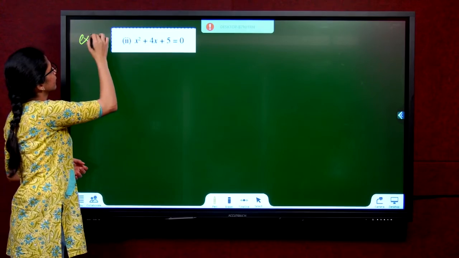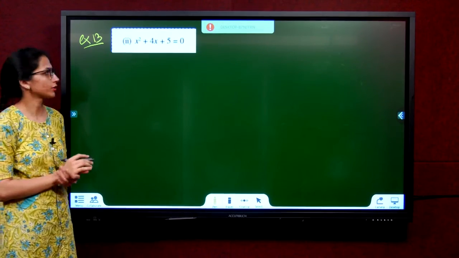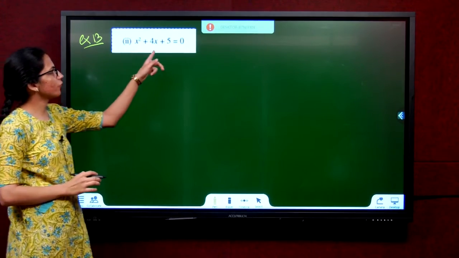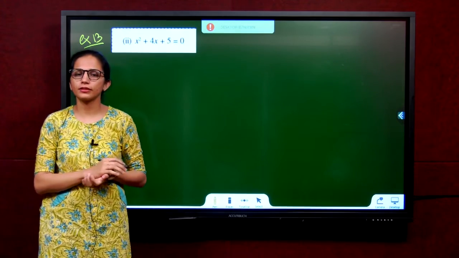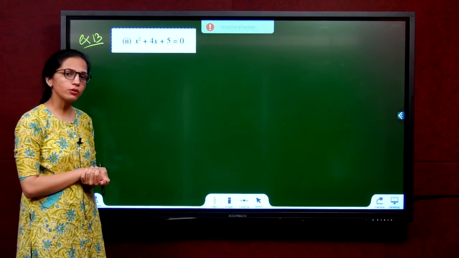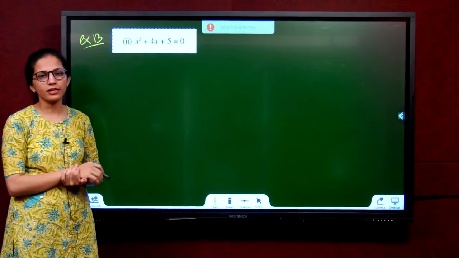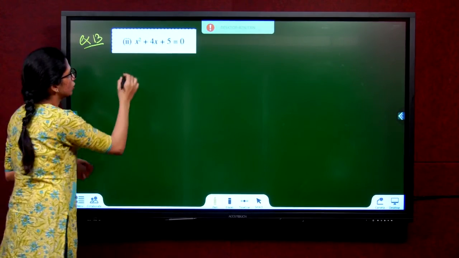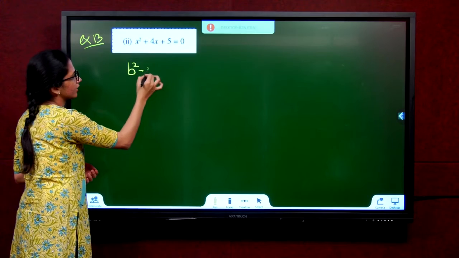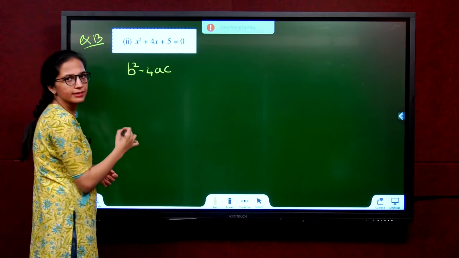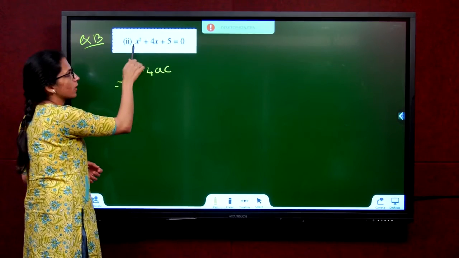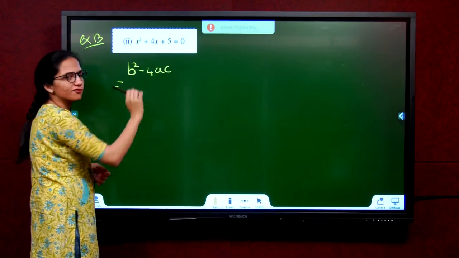Example 13, second sub-question: x² + 4x + 5. You have to first check whether the roots exist. If they do exist, then use the quadratic formula to find the roots. To check whether the roots exist, we check the condition for b² − 4ac. A is 1, b is 4, c is 5.